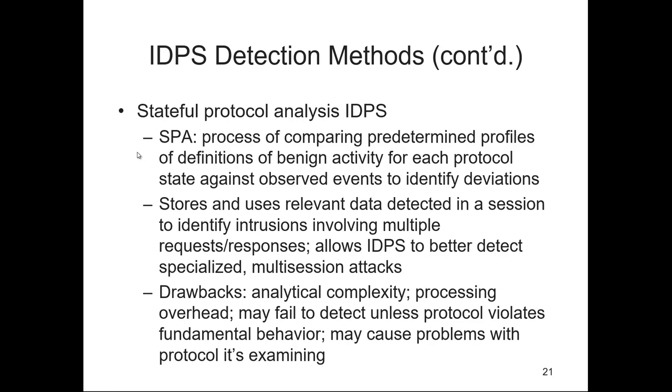Some of the drawbacks for this method are the analytical complexity of this method and the processing overhead. In addition, it may fail to detect attacks unless the protocol violates fundamental behavior, and it may cause problems with the protocol it's examining.